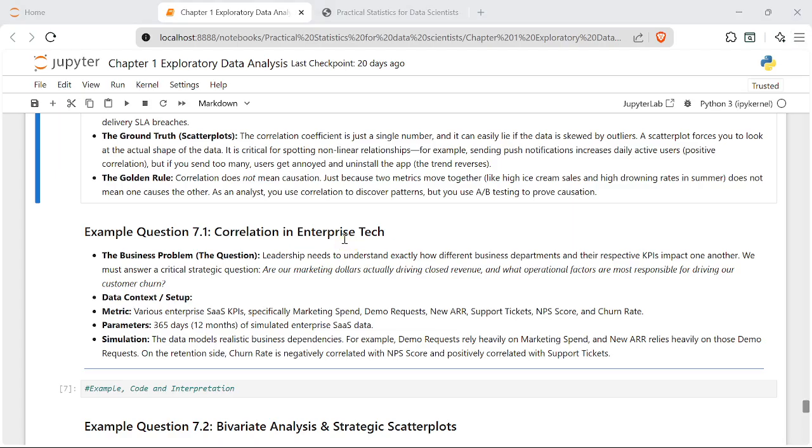Imagine you are leading customer success and you are getting completely contradictory feedback from your highest paying enterprise clients. Half of your VIPs are praising your team for instant support, while the other half is furious about severe, days-long resolution delays.